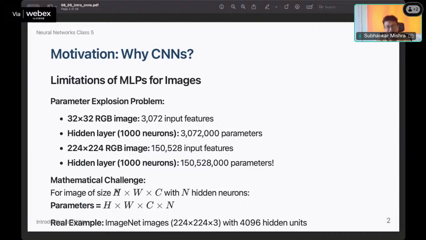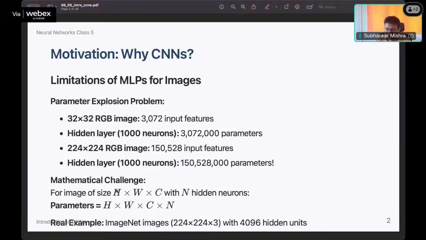With the same 1000 hidden neurons, you will have over 150 million parameters, just for the input layer and the second layer. We are not even adding more layers. So it's an exponential parameter explosion problem.